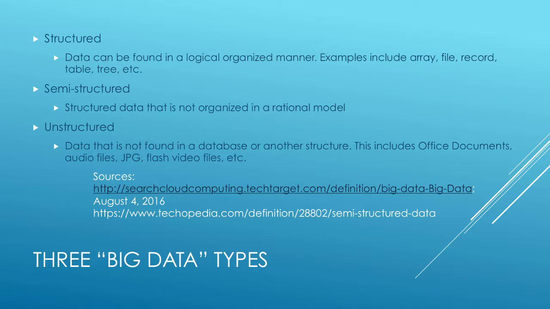And last but not least in this kind of analysis is structured databases such as Oracle, SQL Server, and IBM's DB2. So that is another way to look at it.